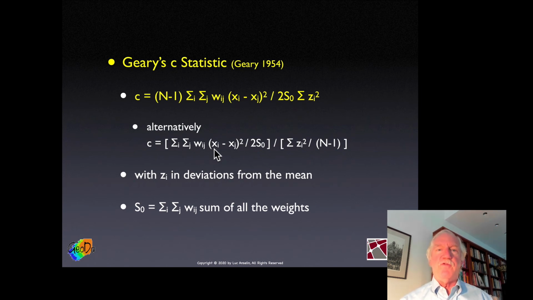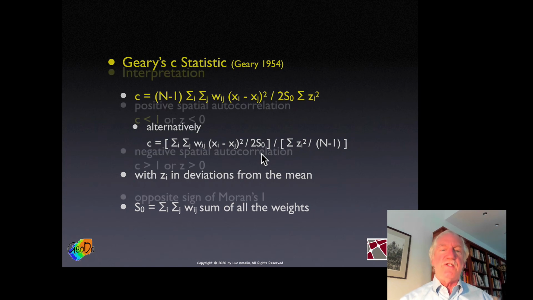Why would we not have to subtract the mean? Because if you subtract it from both, because of this subtraction, they cancel out. So the numerator can be in the original variable or in deviations of the mean. It doesn't really matter. The denominator has to be in deviations from the mean. And as before, we keep the same scaling factor.